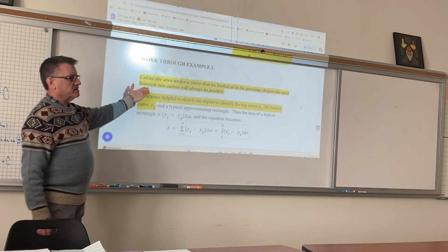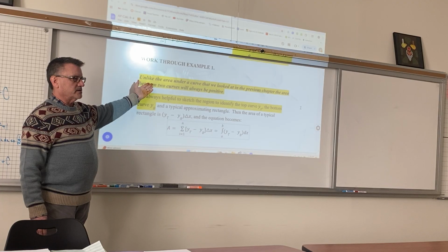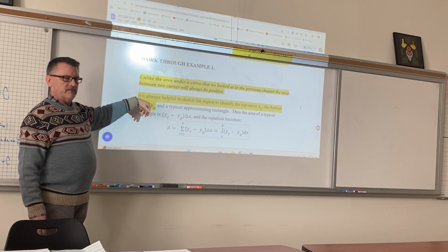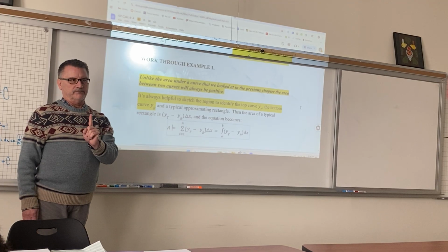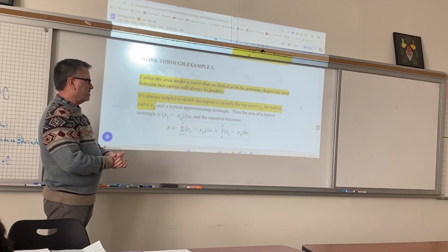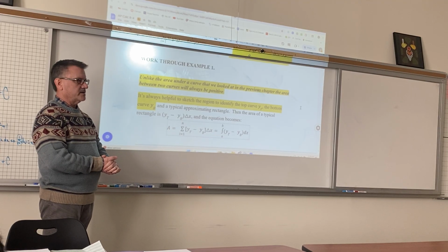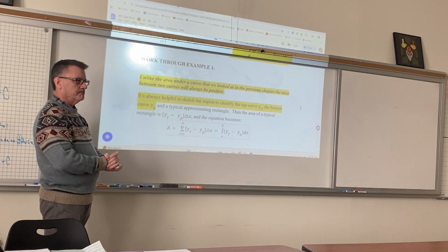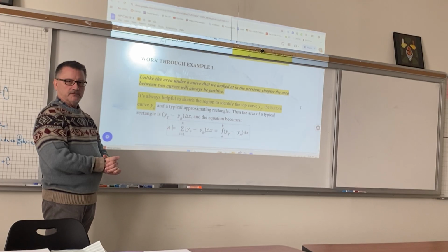It's always going to be positive. I only have to worry about part of it being negative and maybe adding it back if I'm under one curve. If I'm looking for the area between, it's always going to give me a positive area, which is going to be total area. That is good. Okay? So that is going to be how you find the area between two curves.